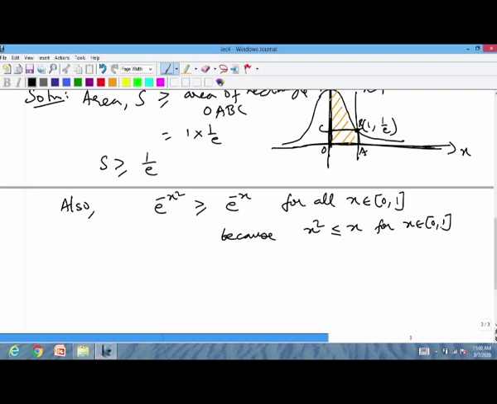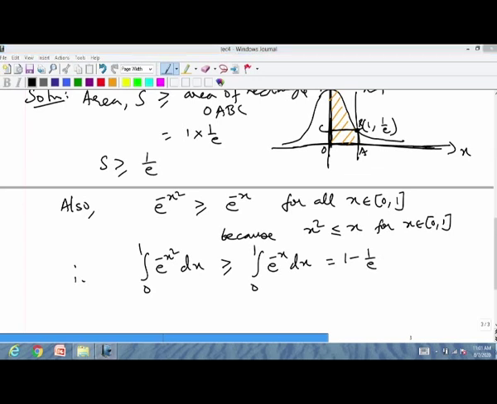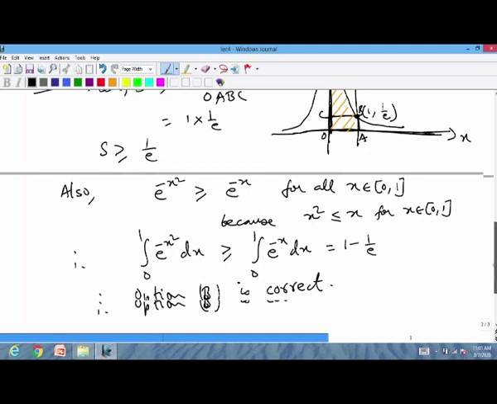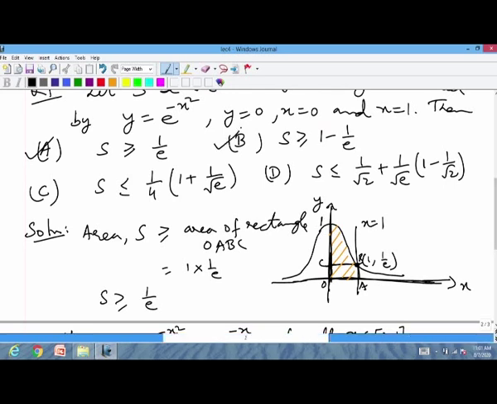So, therefore, the integral of 0 to 1 e to the minus x square dx is bigger than equal to the integral of 0 to 1 e to the minus x dx, and this integral is nothing but 1 minus 1 by e. So, therefore, option B is also correct. So, option A and option B are both correct.